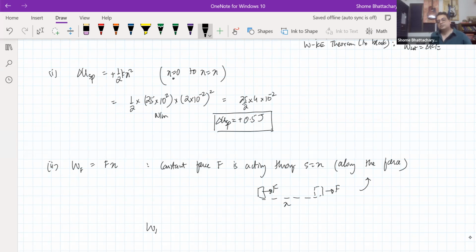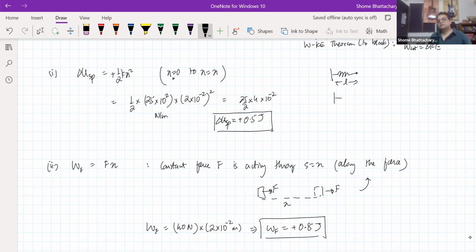So work done by this force will be 40 newtons multiplied by 2 centimeters. So work done by F is plus 0.8 joules. Whereas the spring was going from this natural length state to L plus x.